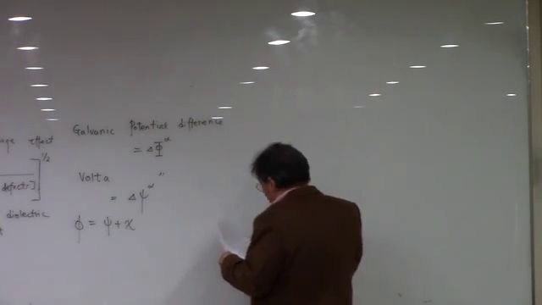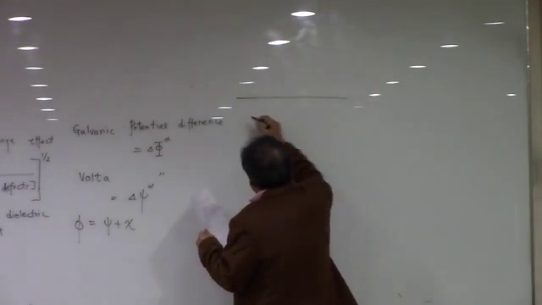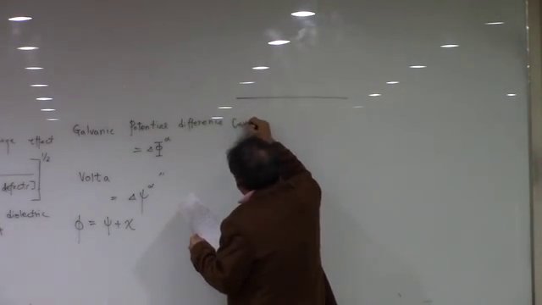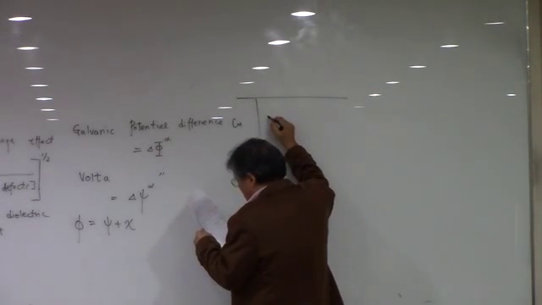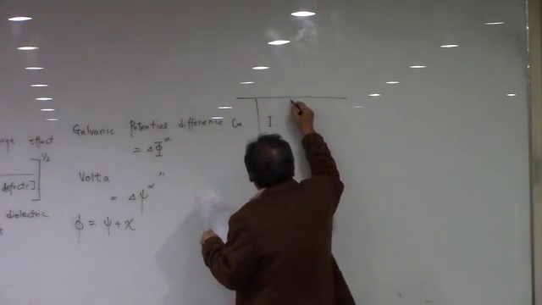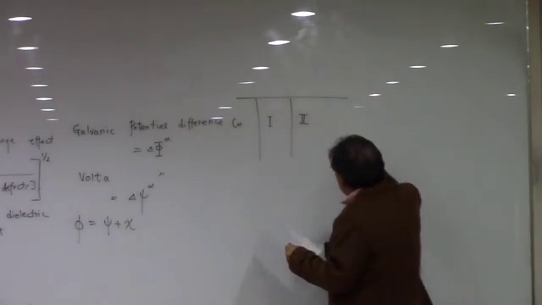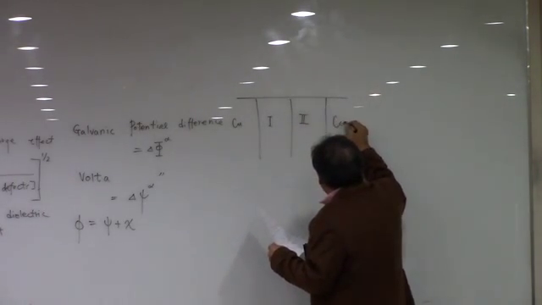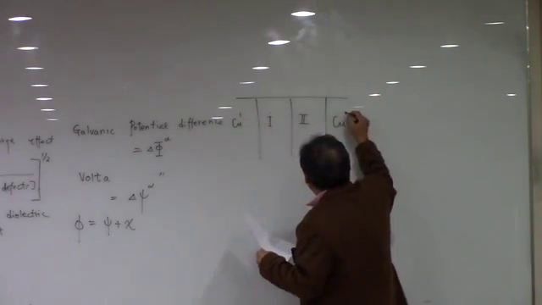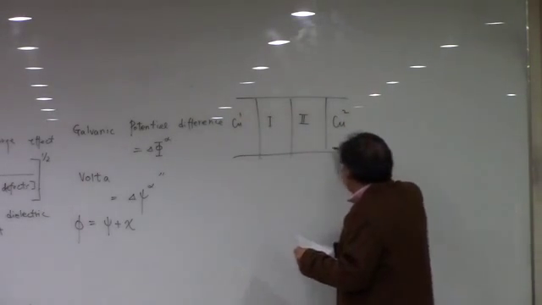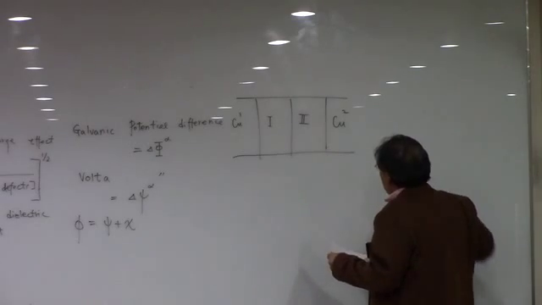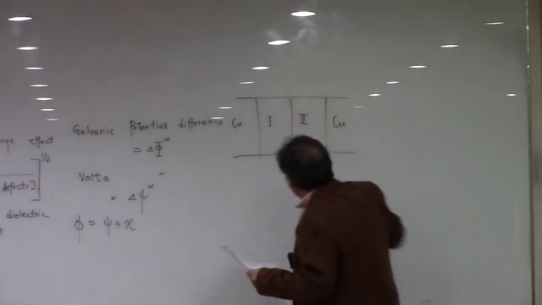Now let's see, if we have a situation like copper and two metals and another copper here, copper 1 and copper 2. Basically that is the same copper, so we don't have to say 1 and 2 here, okay?